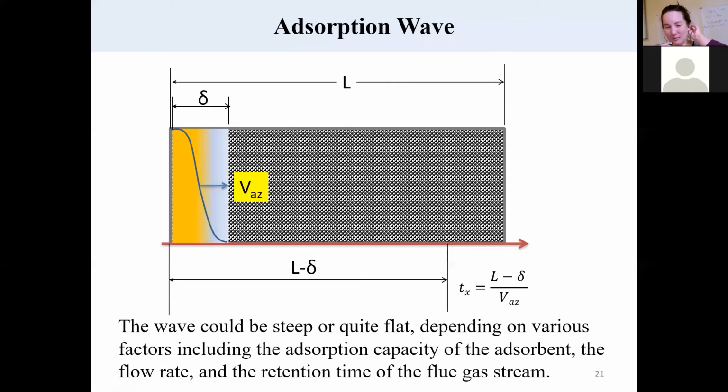One important question then: we know we have tables to get this M equilibrium, the amount of gas pollutant that an adsorbent can bind, but how do we get the speed at which this wave is moving along the length? We can do this pretty much just with the information we've been given, and our basic approach is to construct a mass balance.